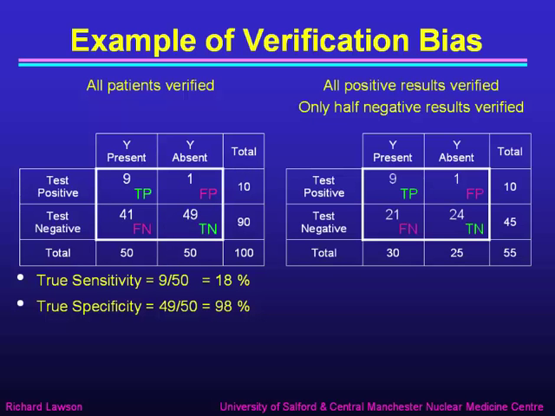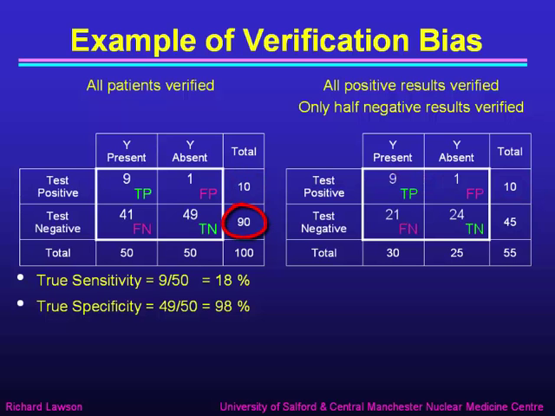But suppose that although all the patients with a positive result have their disease status verified by the gold standard test, only half of those with a negative result go on to verification. Then out of our 10 patients with a positive test result, the 10 patients with a beard, we go on to do genetic testing on all 10 of those, so we now know exactly how many are really men and who are really women.